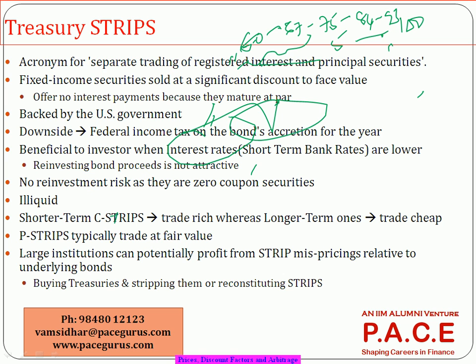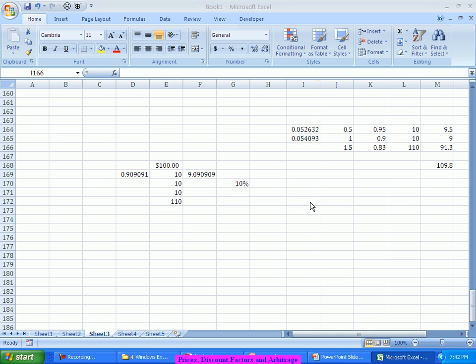They are discounted, let's say 100 will be paid to you after 5 years. Assume 8% interest. What will be the present value? 100 divided by 1 plus 8% to the power 5. So probably today it is available to you at 68. You pay 68 today. After 5 years, it is going to pay you 100.